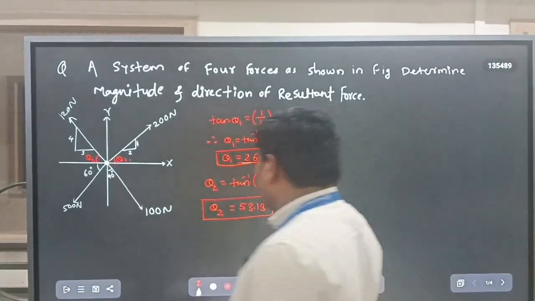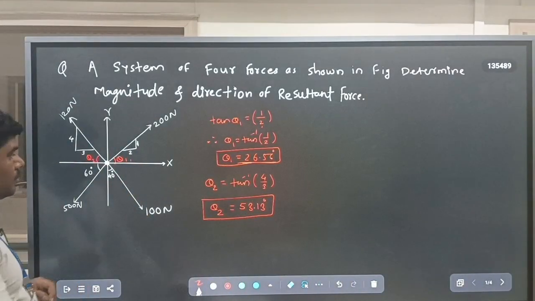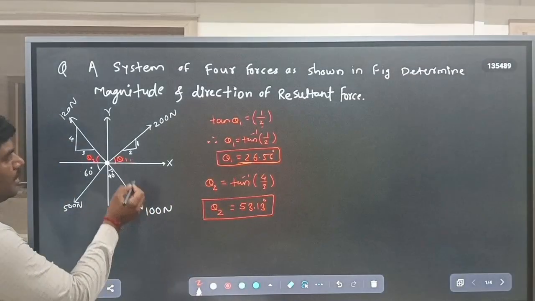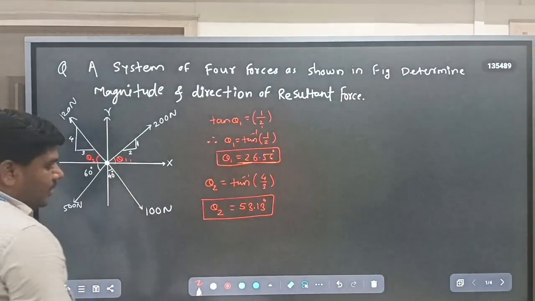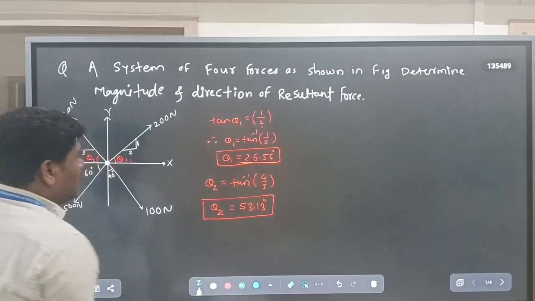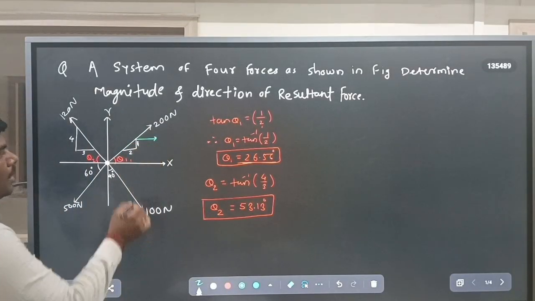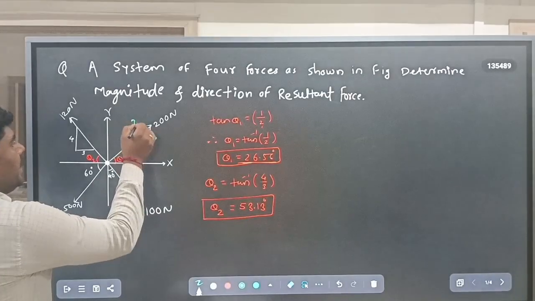So first force is your what? 200 Newton. Now θ1, this angle is 26.56 degree, which is with x axis. That means the x component will carry the cos and y component will carry the sin.